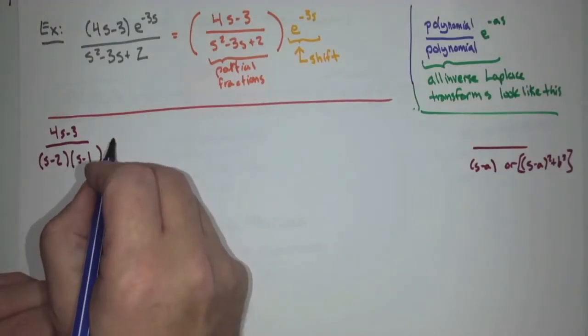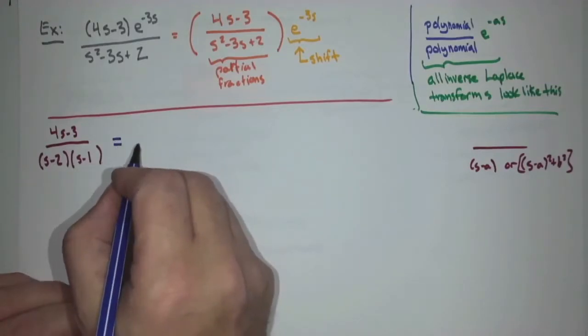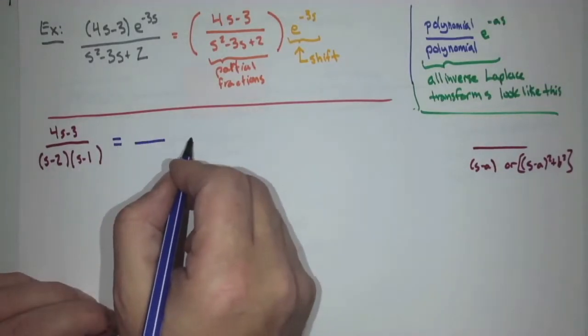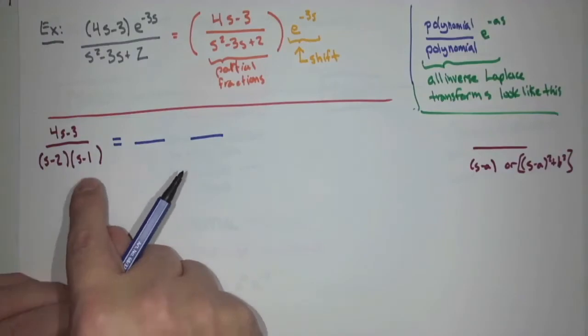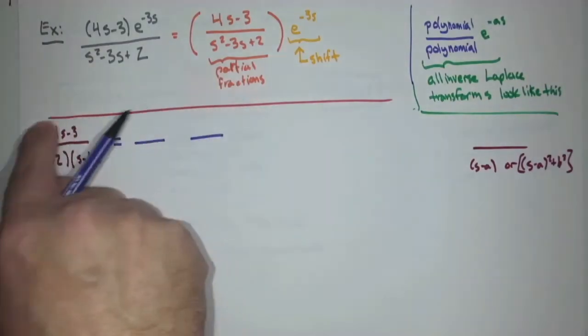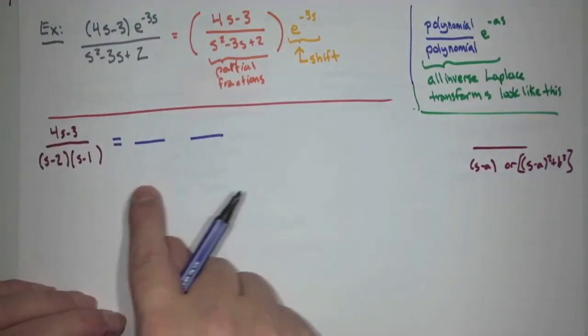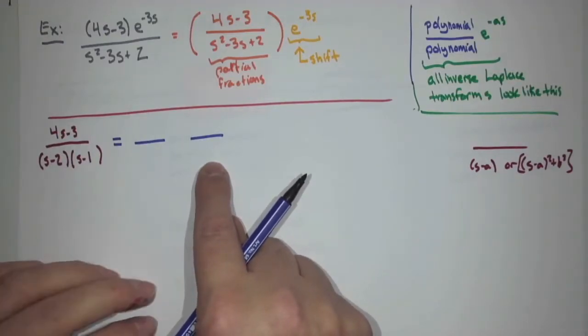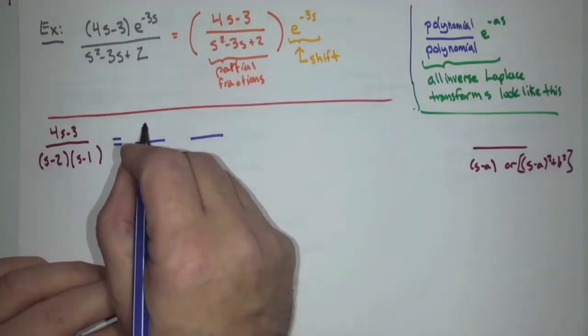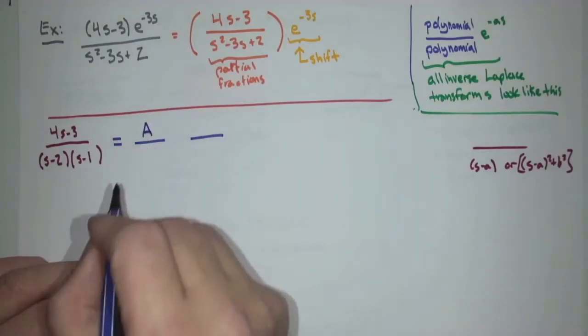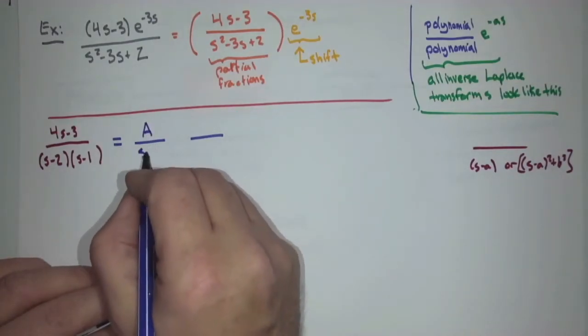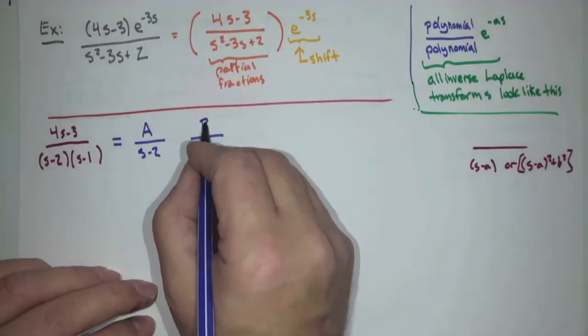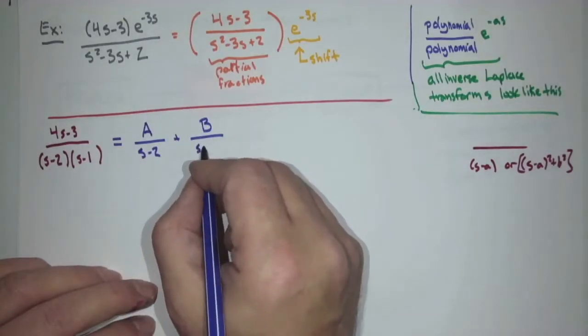Okay, so equals. And the key here, there are a few key steps. First key step is to make sure you're only grabbing the polynomial over the polynomial. The next key step is making sure you know how to get the form right. Someone was saying, it's some constant, usually we use A, over one piece, and some other constant over the other piece.